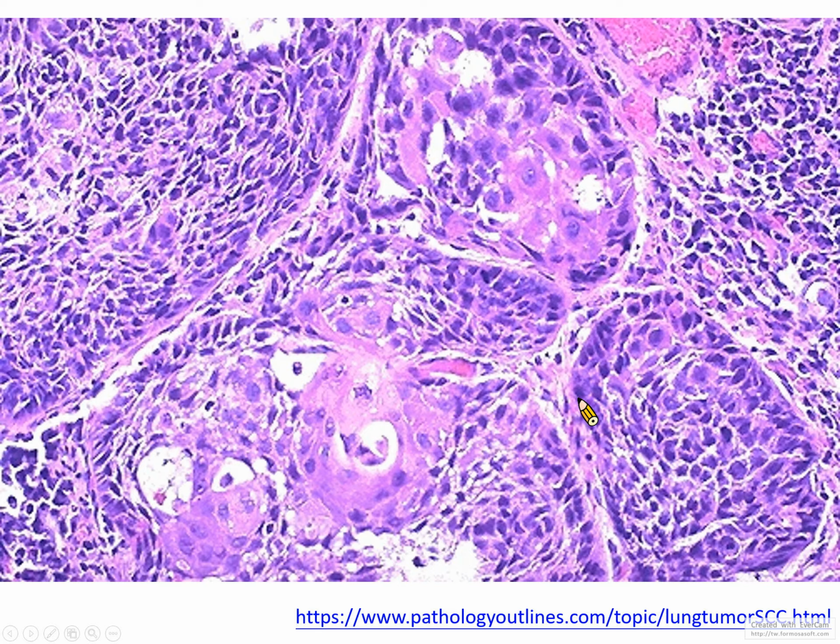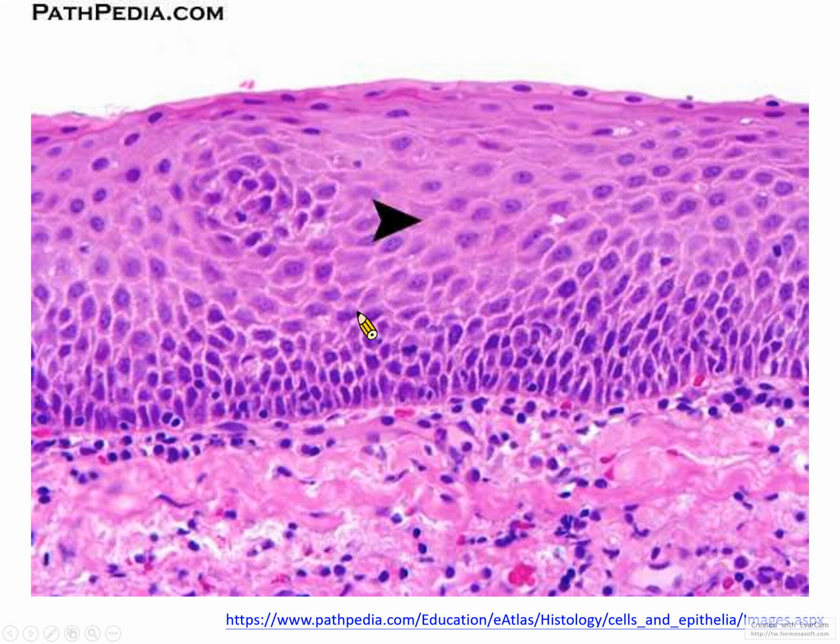Compared to that, the squamous carcinoma just grows everywhere without boundaries. So that is a very visual pattern that you can use to distinguish between cancer and normal tissue.